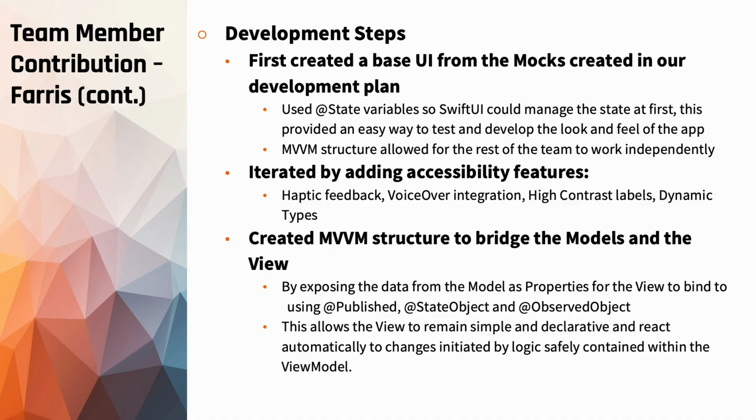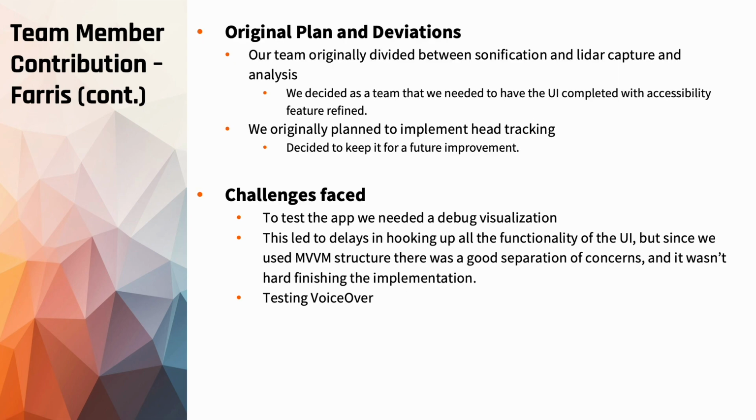Then I created an MVVM structure to bridge the model and the view by exposing data from the models as properties. Originally, our team was divided evenly between sonification and LiDAR capture analysis, but we decided that it was important to have the UI completed first with accessibility features, so I decided to wholly focus my attention on that.